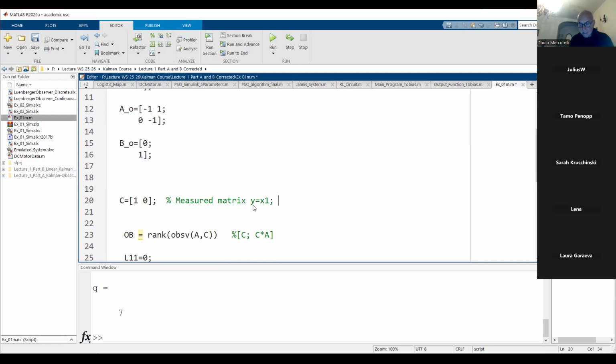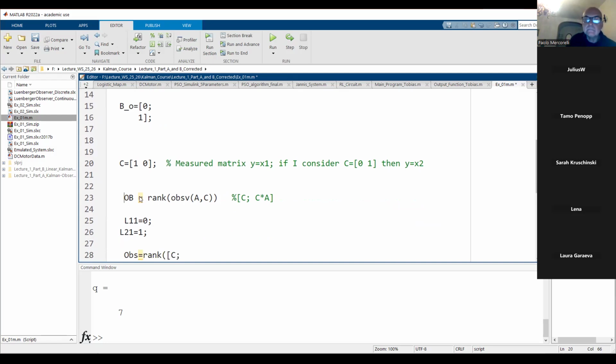Then I would like to say, if I consider C equal 0, 1, so we clarify again what I told you also last time and before last time. Then let me write quickly: so I am measuring x2. So it's clear when I change later.